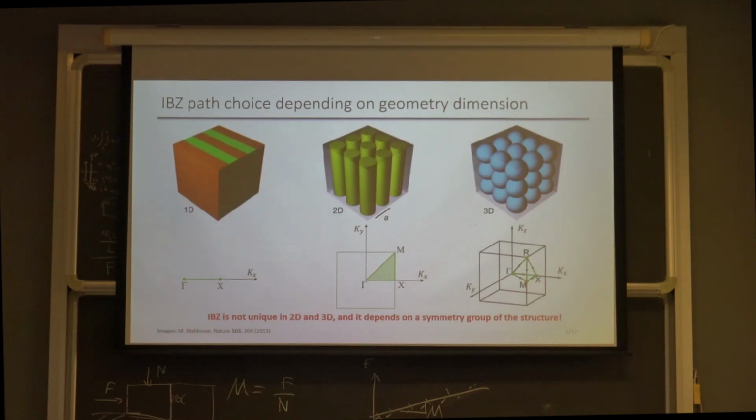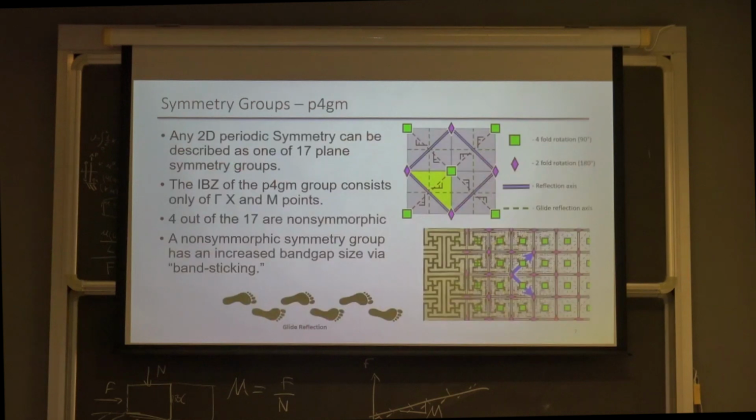And I stress this because, unfortunately, in many papers, especially when people enter the field, they just take the most common irreducible Brillouin zone and assume that this will work for their structure. But actually, in 3D, it gets even more complicated. But in crystallography, everything is well known. So once you define the symmetry group of your structure, you can easily find the corresponding irreducible Brillouin zone.